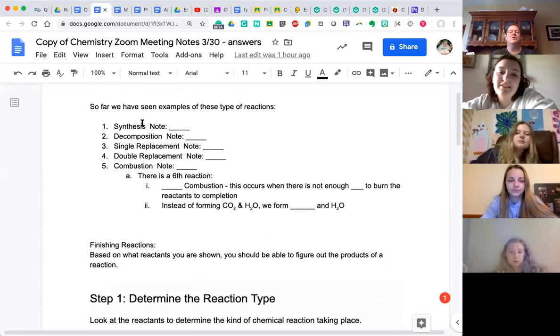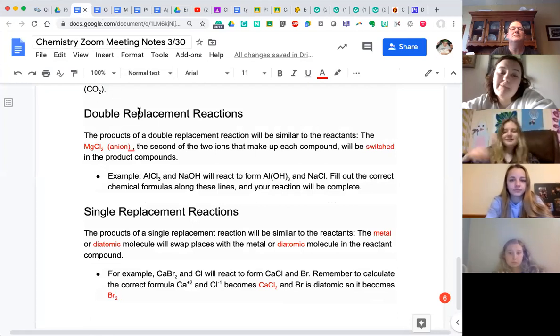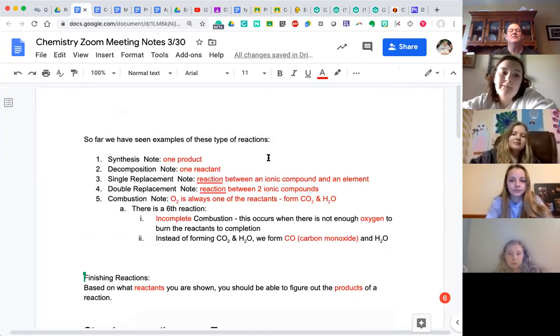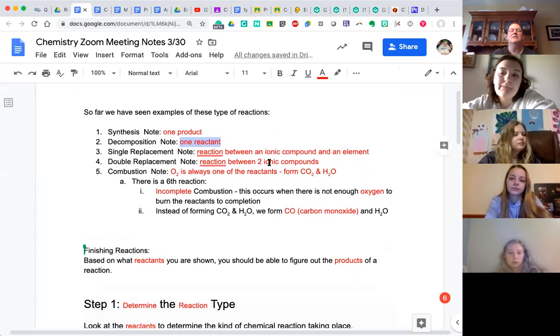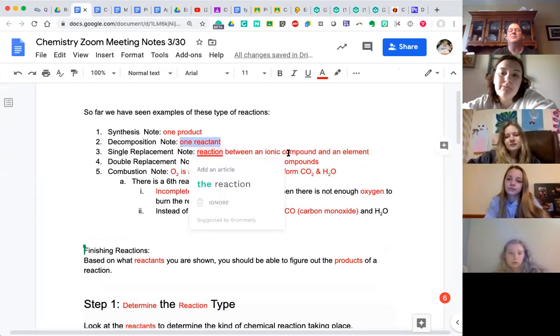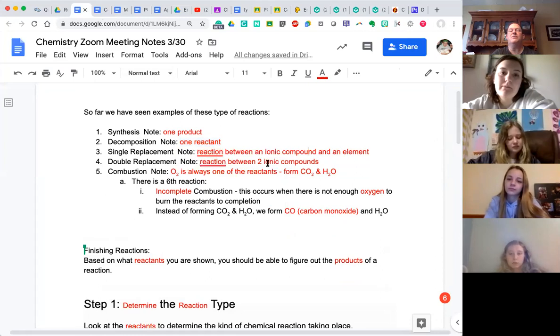All right. So if we look at the notes, that's the one we filled out. It can't be synthesis because synthesis only has one product. Can't be decomp because that only has one reactant. Is it a reaction between an ionic compound and an element, or is it a reaction between 2 compounds?